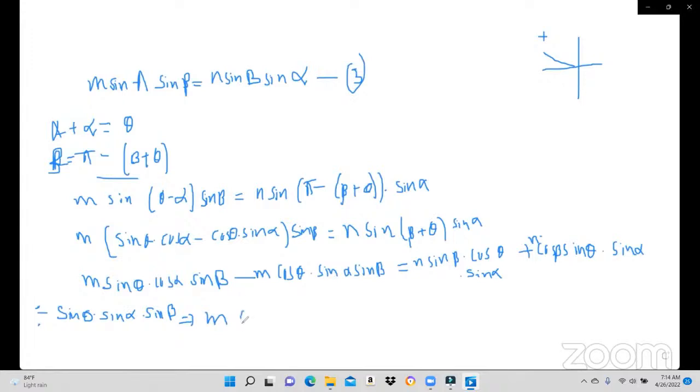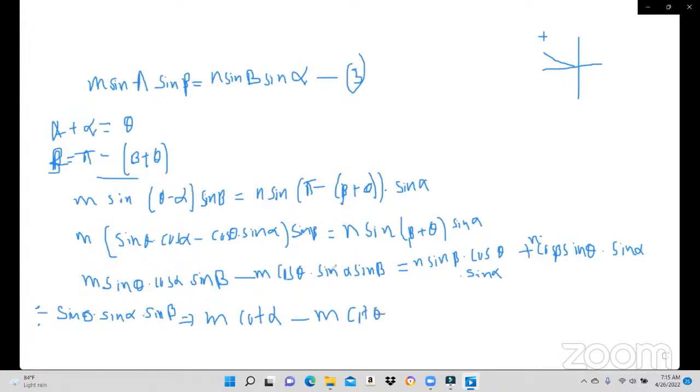Cos alpha divided by sine alpha is cot alpha. Sine beta divided by sine beta is getting cancelled. Minus, here also m is remaining. m cos theta and sine theta is cot theta, isn't it? Cos theta divided by sine theta is cot theta. m cot theta.